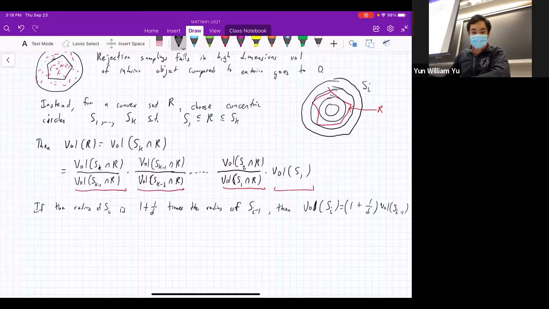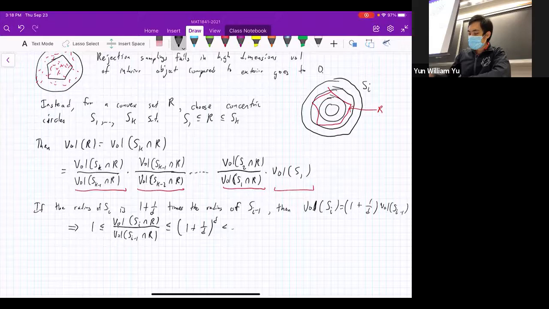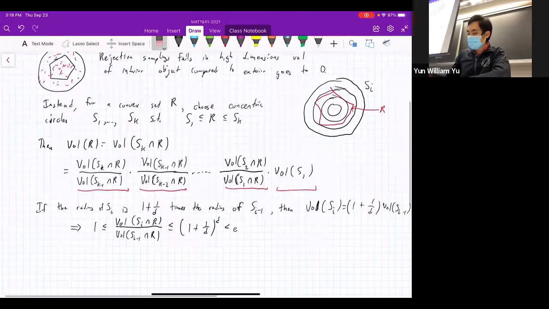Okay, easy enough. Did I get that direction right? Yeah, okay. So this then implies that 1 is less than or equal to the volume of SI intersect R divided by the volume of SI minus 1 intersect R, which is less than or equal to 1 plus 1 over d to the d power, which is less than e.